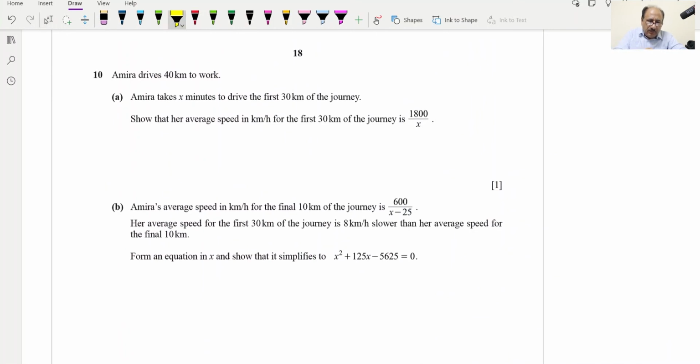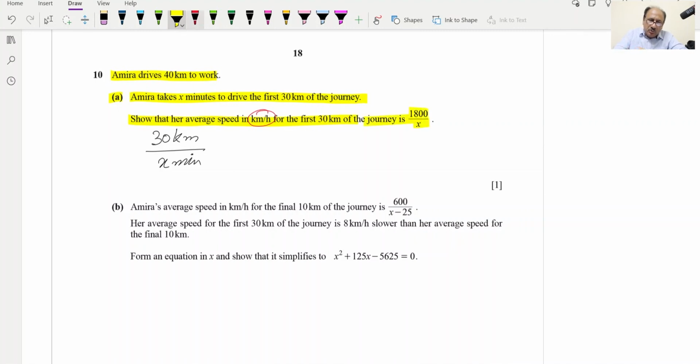Question 10 says Amira drives 40 kilometers to work. Part A: Amira takes x minutes to drive the first 30 kilometers of the journey. So 30 kilometers is the distance, and time taken is x minutes. Show that her average speed in kilometers per hour for the first 30 kilometers of the journey is this much.